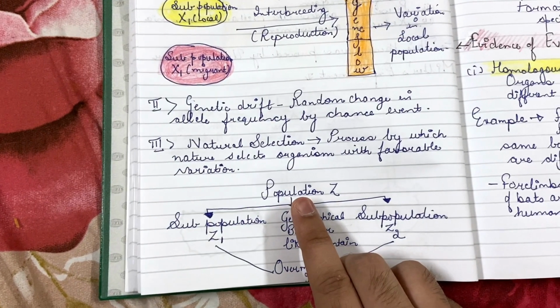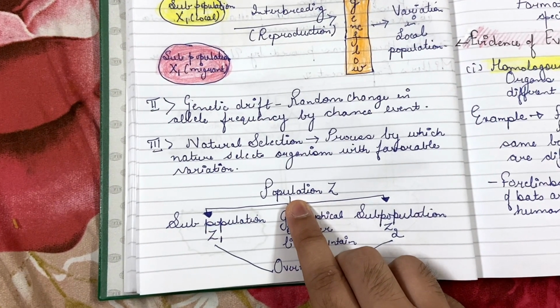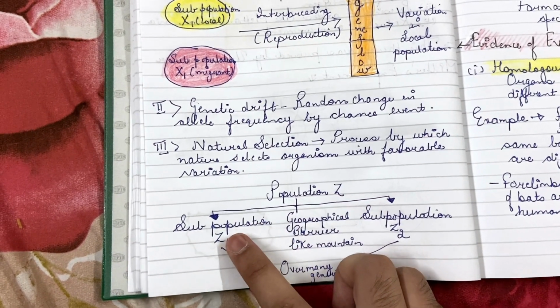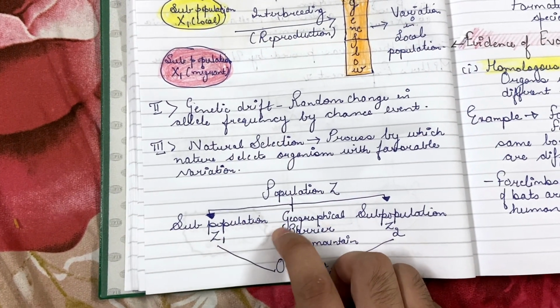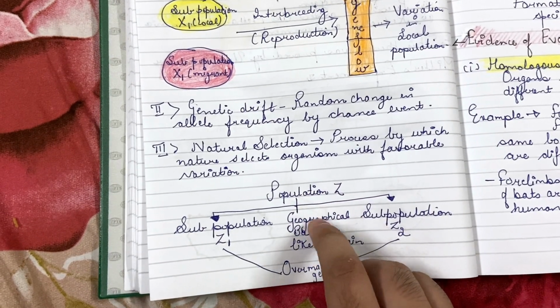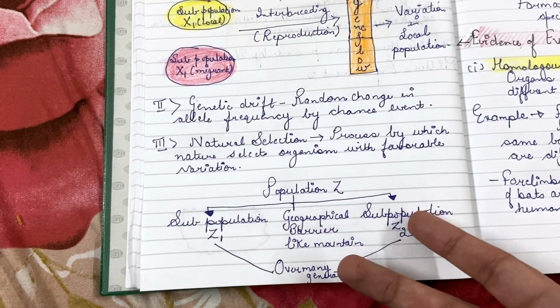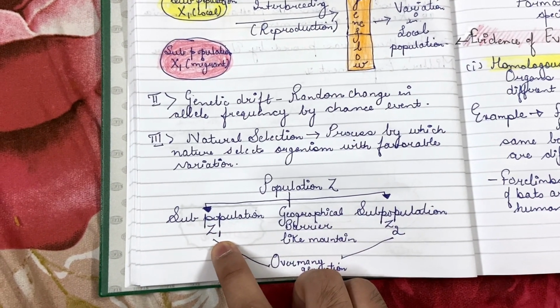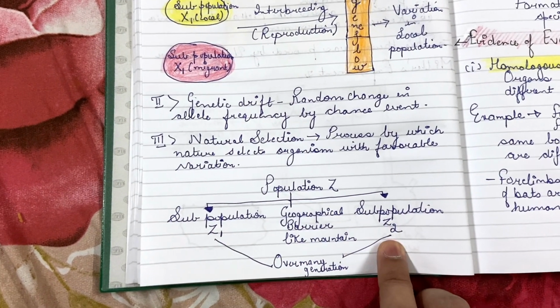Now let us understand speciation with the help of an example. Suppose there is a population Z. Due to the presence of a mountain or a geographical barrier, which can be a mountain or a river, the population Z is divided into subpopulation Z1 and subpopulation Z2.